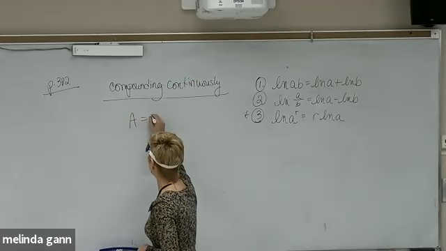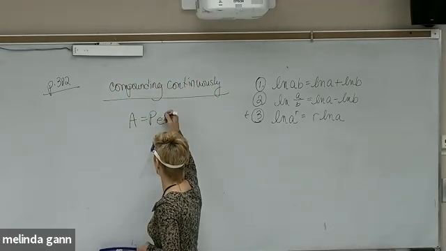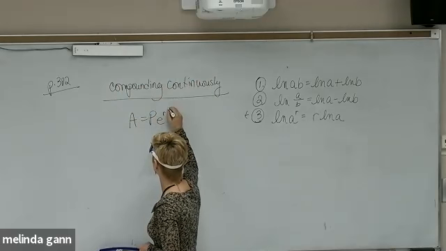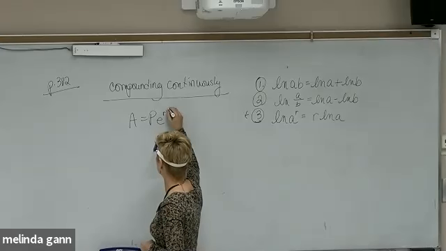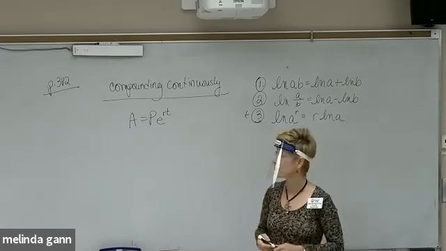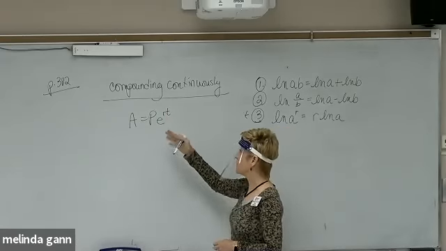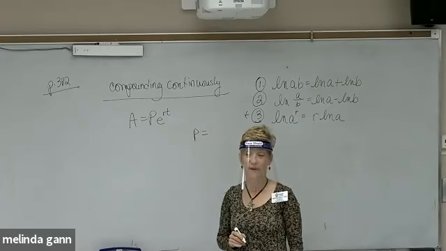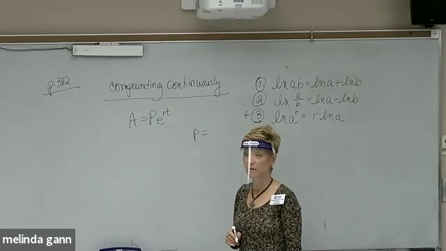So it's A equals P, then you've got an E. What are your powers on your E? An R and a what? Look on page 382 and tell me. T. Now, some of these variables are the same. What is your P in that formula when we're doing finance? The principal.